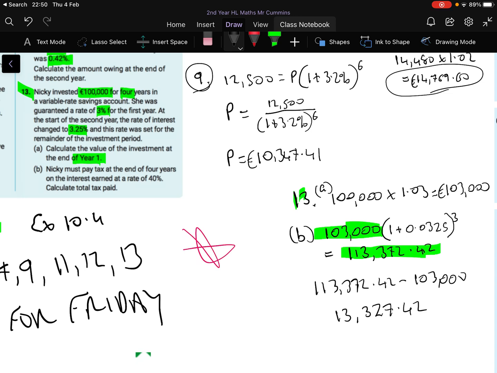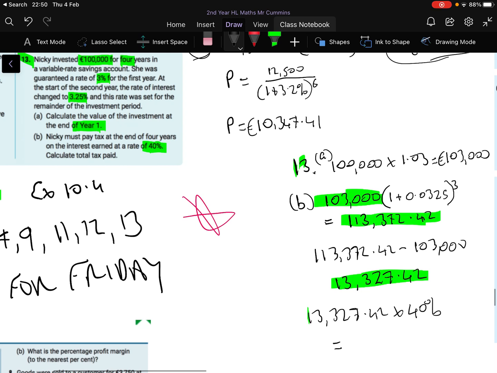Okay. And then the last part there, they ask us to pay tax at a rate of 40% on the interest made. So this is going to be the total amount of interest here. So we get 13,327 euros and 42 cent multiplied by 40%, and that is going to give us 5,348 euros and 97 cents.